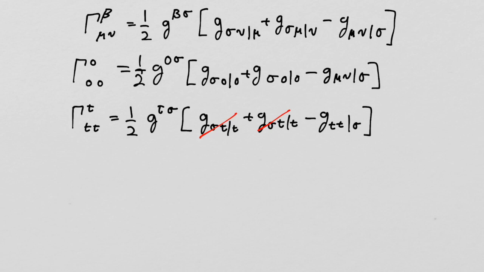And even if they weren't 0, the only one we would need to consider is the GTT with respect to t, which goes to right here. So all the values of sigma in this sum and in that sum go away except for the GTT.